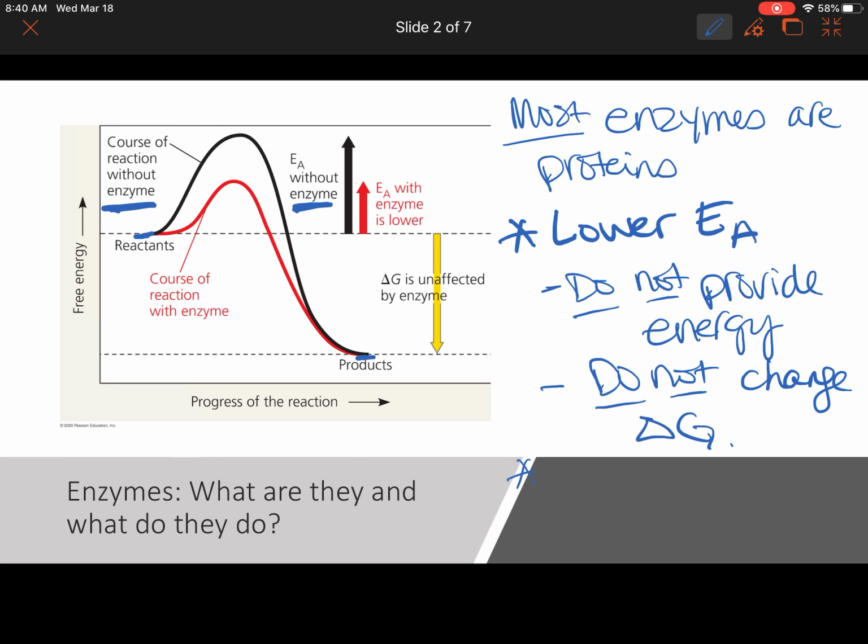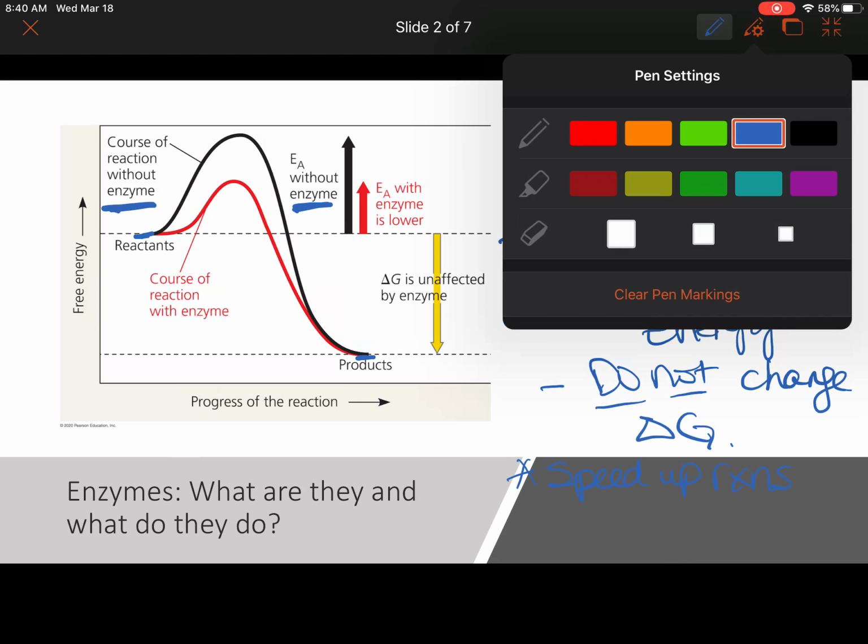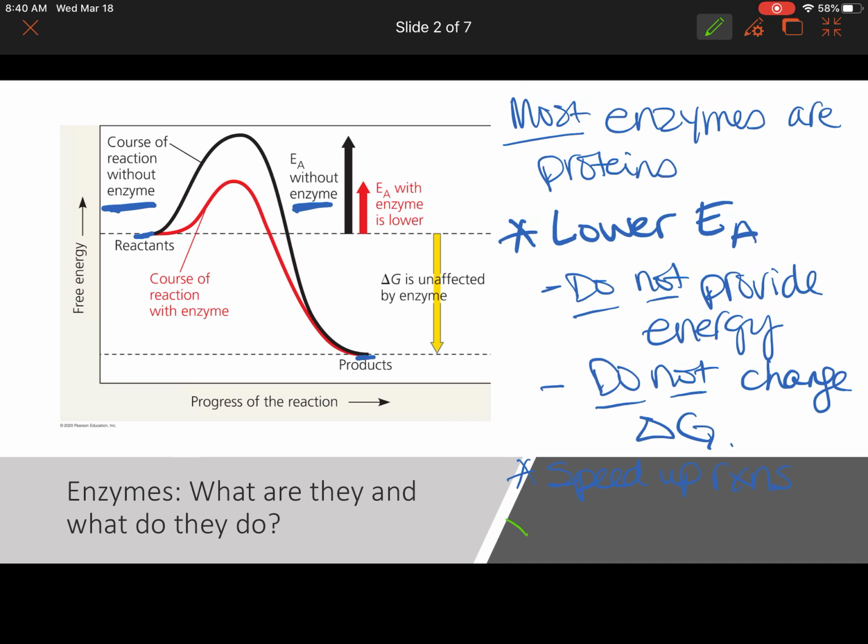So that's another really important quality about enzymes, is that they speed up reactions. And they do that by lowering the energy of activation, okay? Another way to think about them is that enzymes are biological catalysts, okay, which is basically saying the same thing.